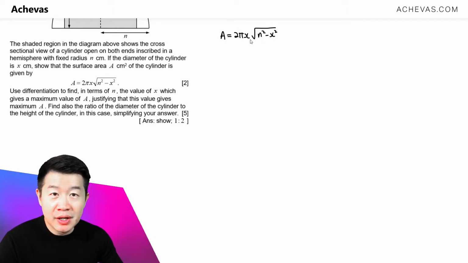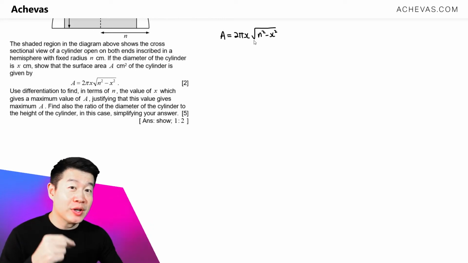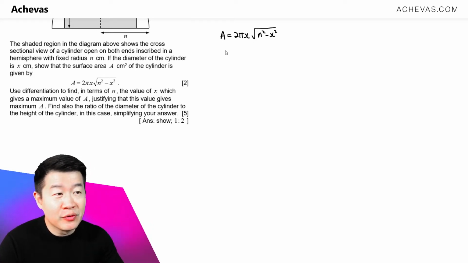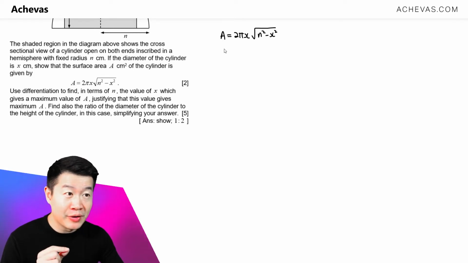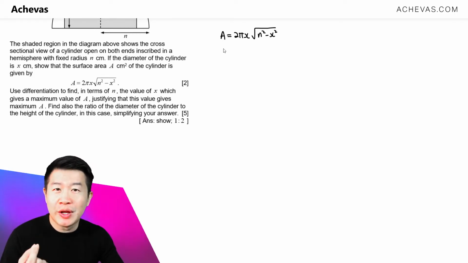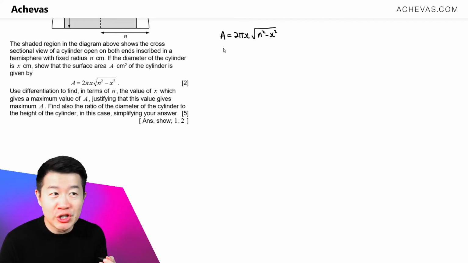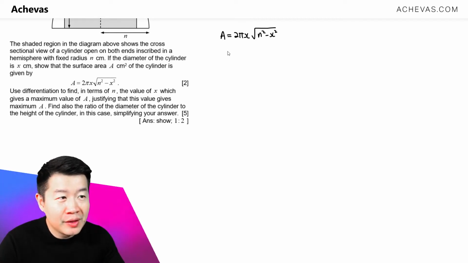To differentiate it from here is going to be sort of tedious, although it is possible for us to get the answer. So what I'm going to do is a bit of manipulation, a bit of improvisation, which I think is going to get us a solution that is easier to differentiate and manipulate. To do that, I'm going to square both sides.